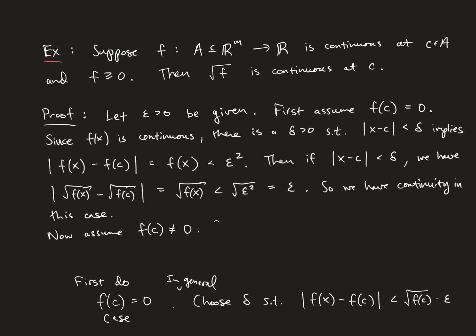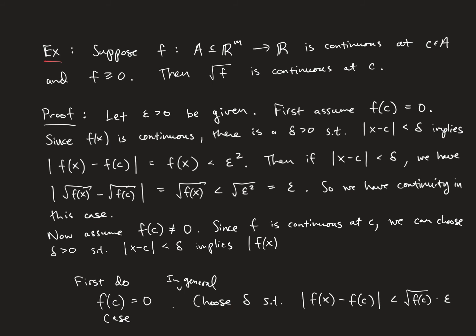Okay, so since f is continuous at c, we can choose delta such that when x and c differ by less than delta, that implies that f of x and f of c differ by less than the square root of f of c times epsilon.